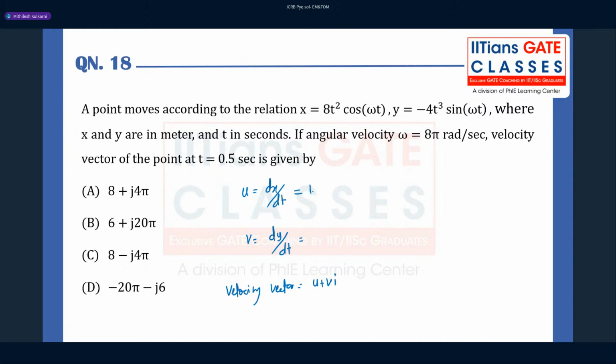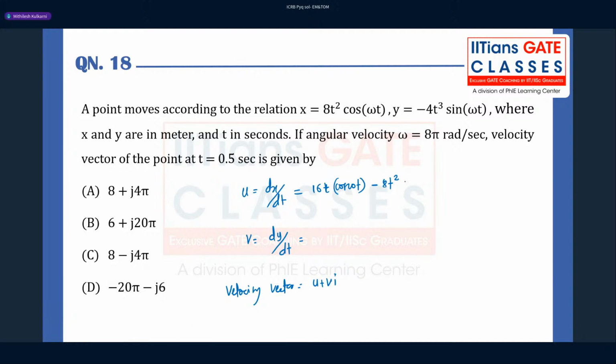That is 16t cos of omega t, and then minus 8t square, we'll keep it as it is, and differentiation of cos of omega t is minus sin of omega t.